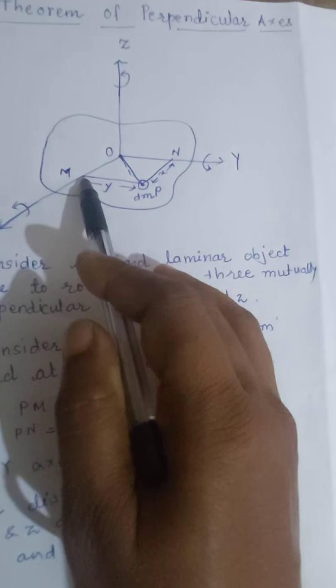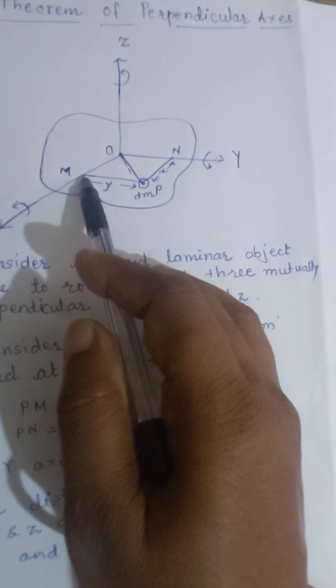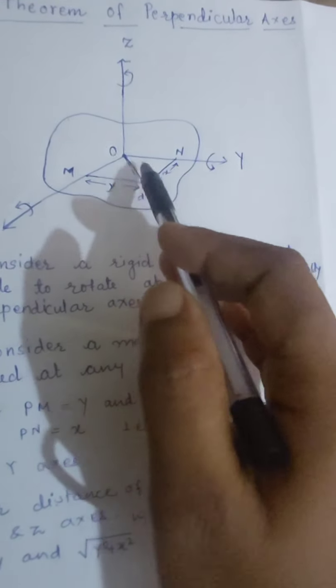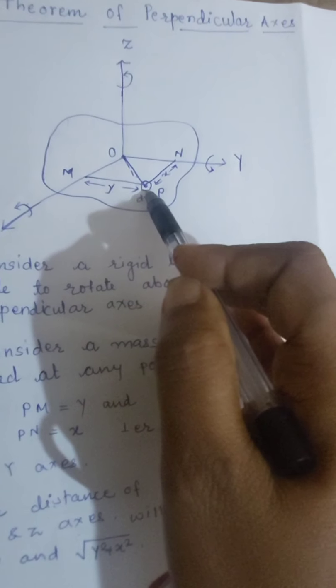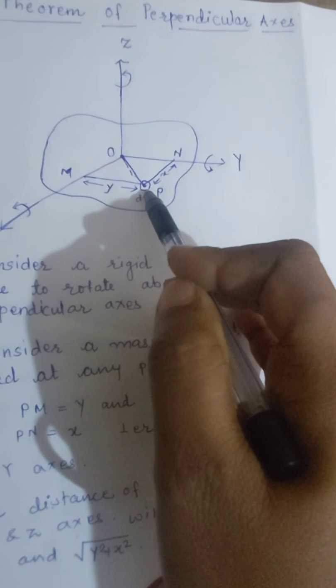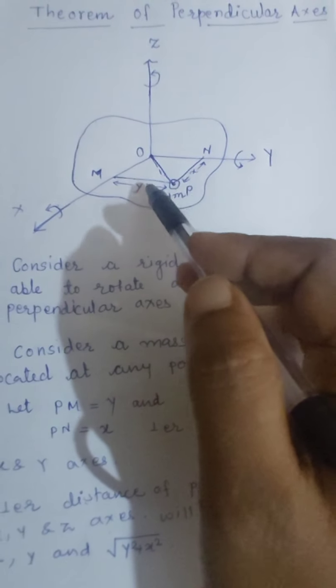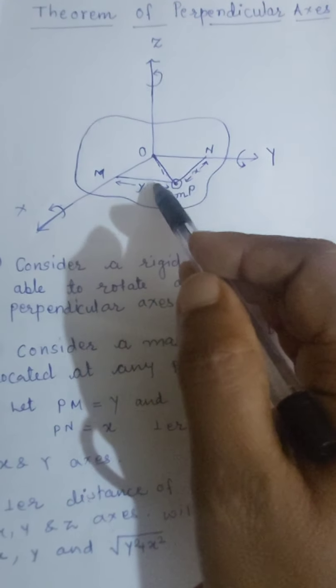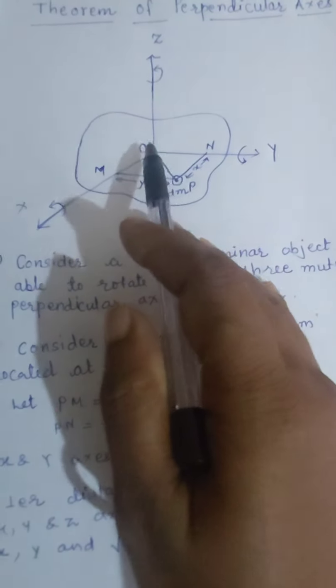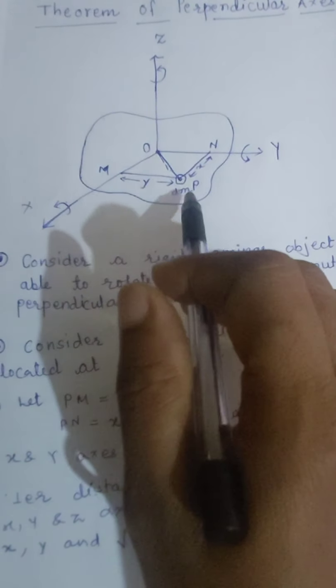Then what will be the distance of this point from the z axis? In the vector lesson last year we studied two mutually perpendicular axes and the resultant OP.